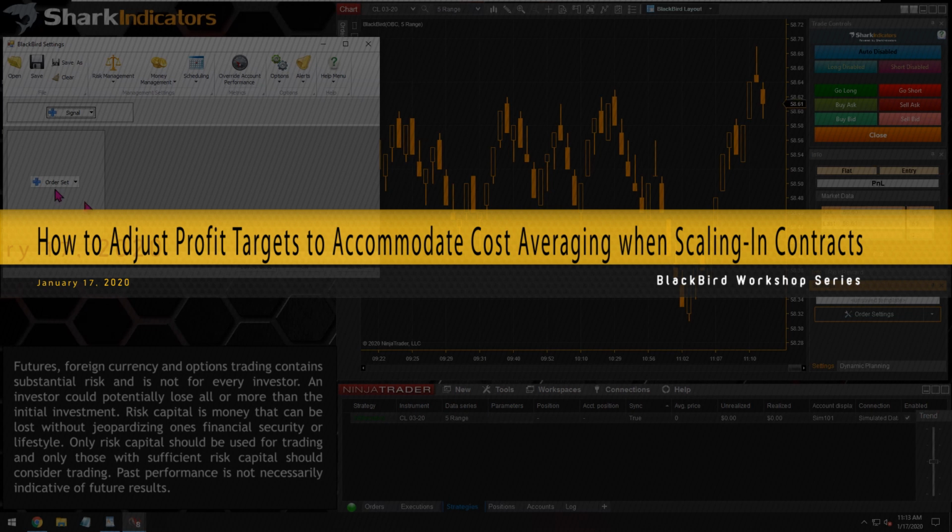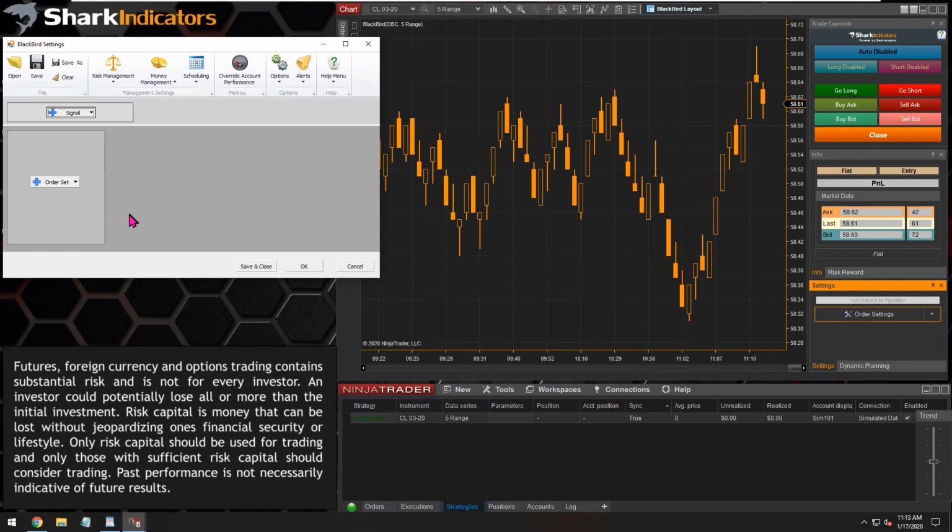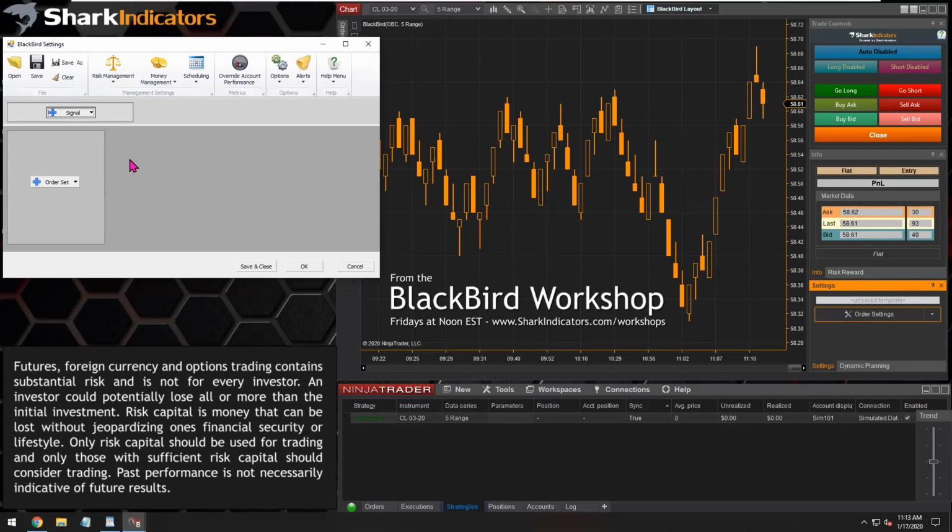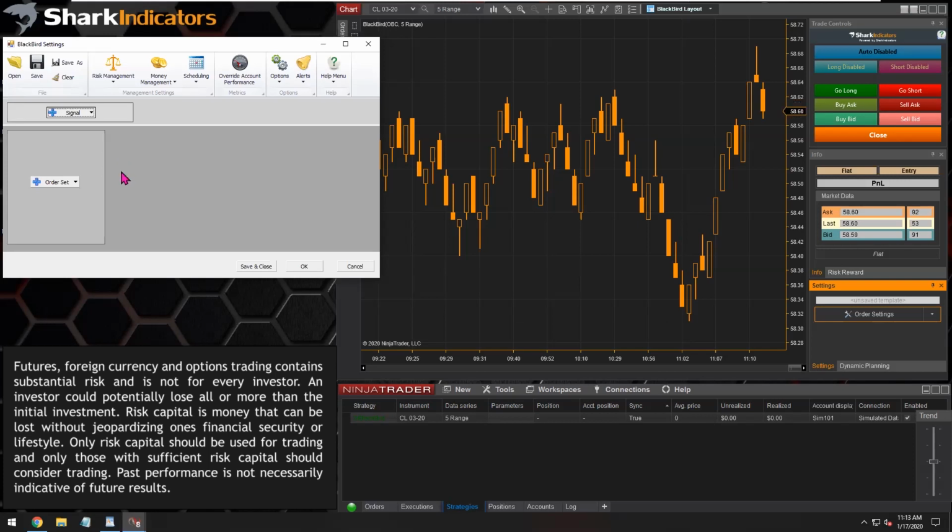The core of the question is about scaling in to a losing trade. Richard was asking about setting up a second order set to scale in if there's a drawdown while the trade is live.